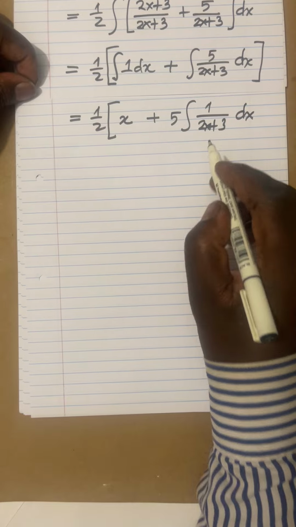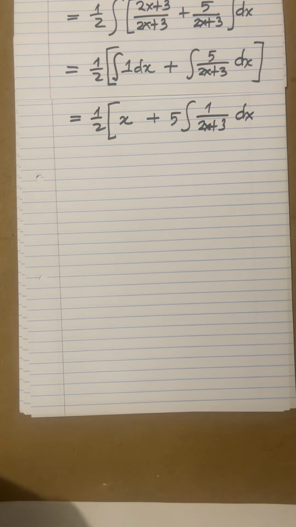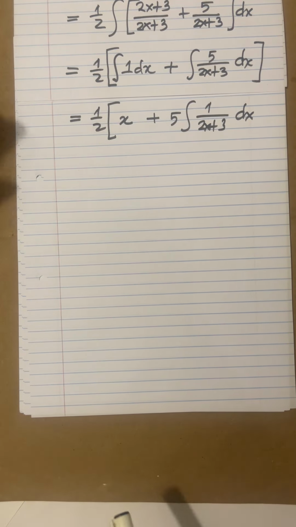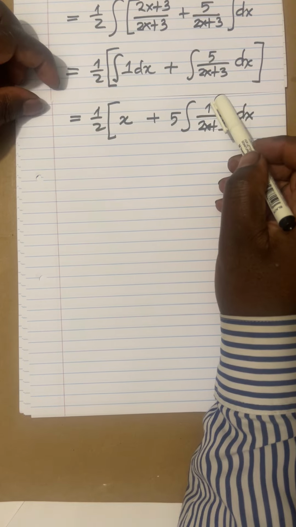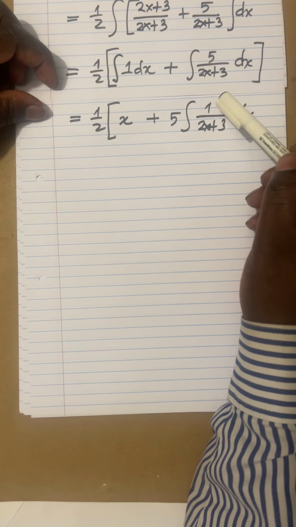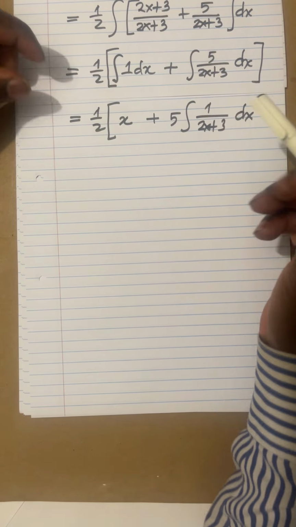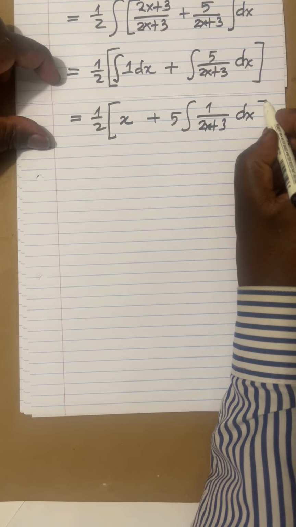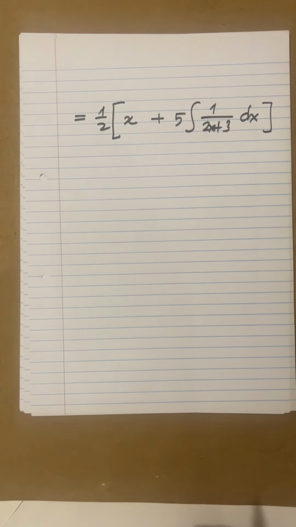Now, if I differentiate the denominator, I'm going to get 2. So I need a 2 in the numerator. And therefore, if I'm going to multiply by 2, I have to divide by 2. So this changes to, let me remove this one now. Right, just a minute. I'm going to need the original question at the end.